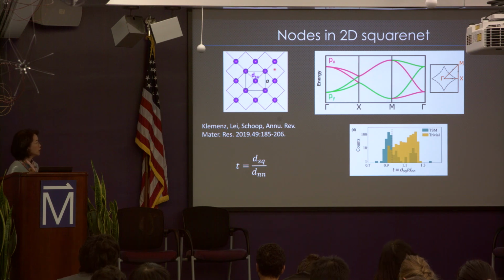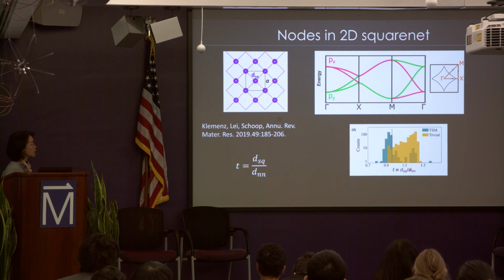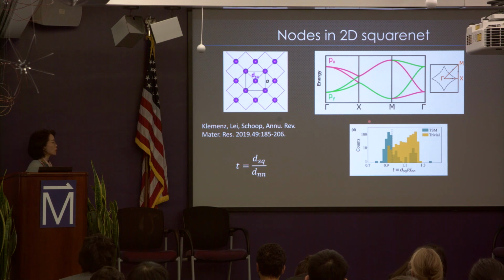And what she was surprised by was that this very simple structural insight, which you can evaluate using just the known structural atomic distances, was getting her pretty far when the label for the topological semimetal was based on full-blown band structure calculation.